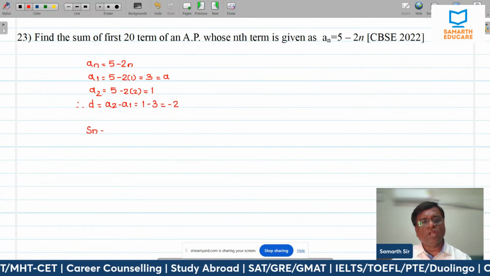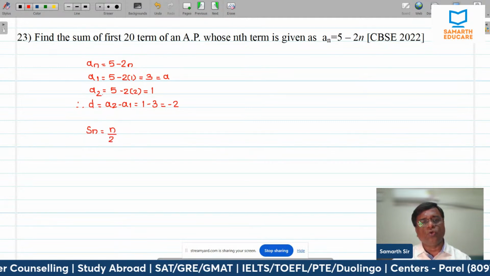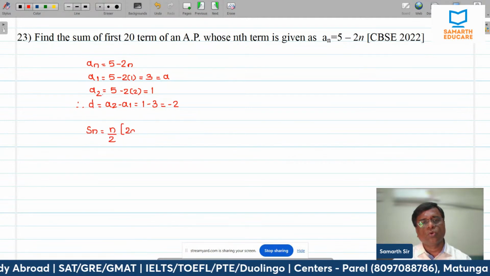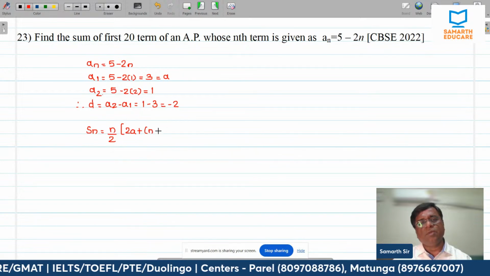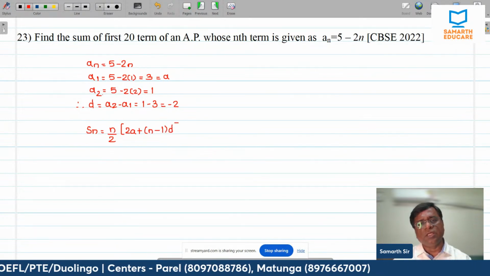What is the formula for Sn? Sn is n upon 2 into 2a plus n minus 1 into d.